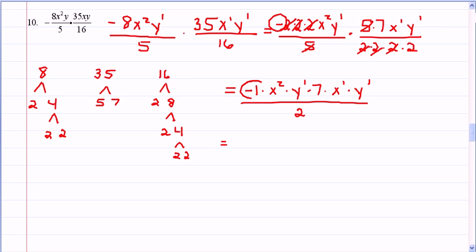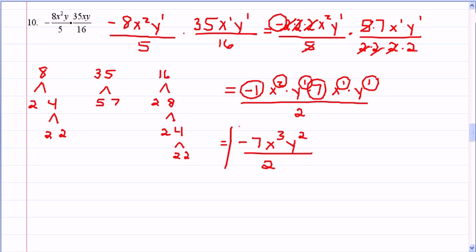And if I multiply -1 times 7, we get -7. And then the x's, we add the powers of the x's. 2 plus 1 is 3. We add the powers of the y's. 1 plus 1 is 2. So our final answer is -7x cubed y squared over 2.